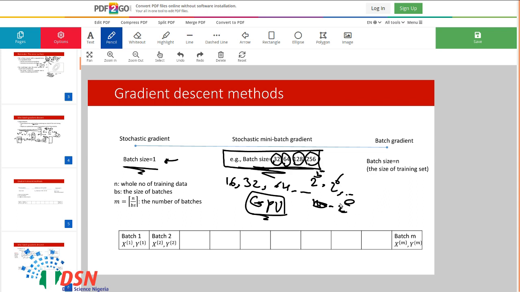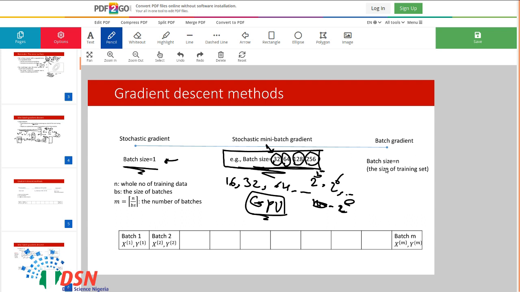So if you set the batch size as a power of 2, then you will probably have faster performance in your training procedure.